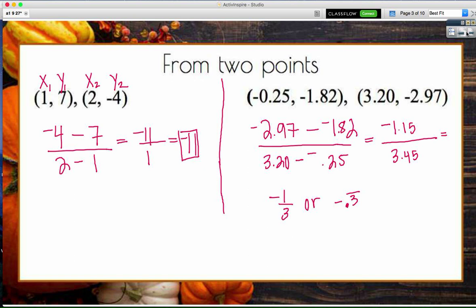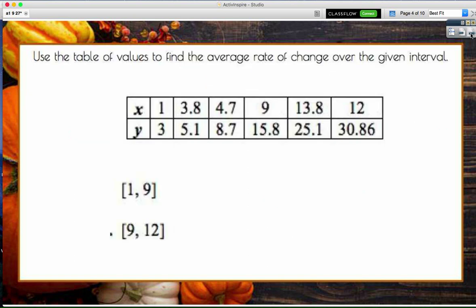Okay, the next thing they're showing us is a table. We have to be careful here. These are two separate problems. If that's confusing to you, you can write an A and B, so you know these are two separate problems. When I look at part A, and I have 1, 9, and those square brackets, have we ever written an ordered pair like that?